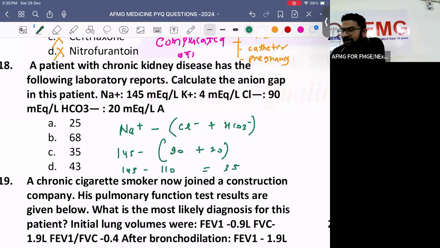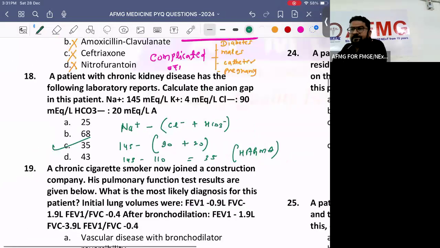So value is more than 12. So what do we call this? NAGMA or HAGMA? HAGMA. High anion gap metabolic acidosis. So answer is 35. Simple.